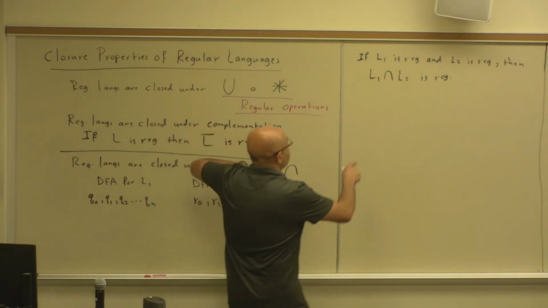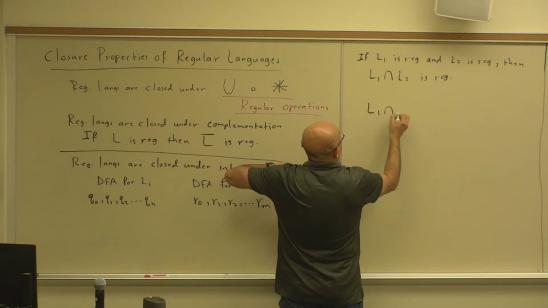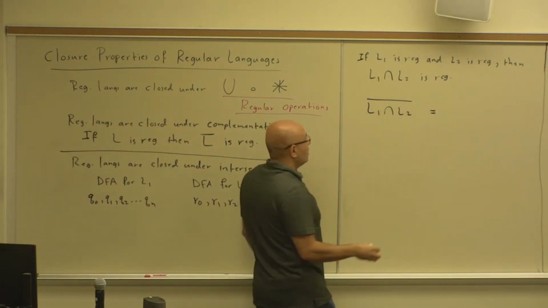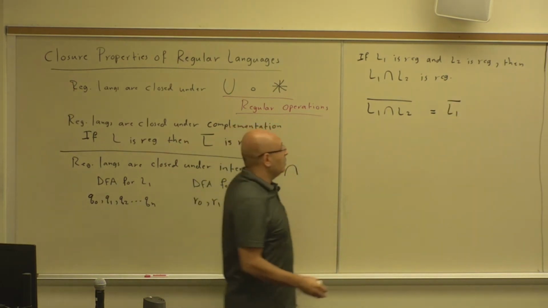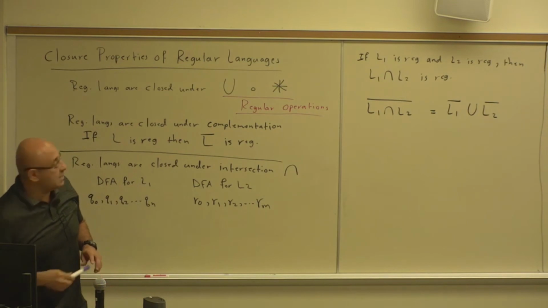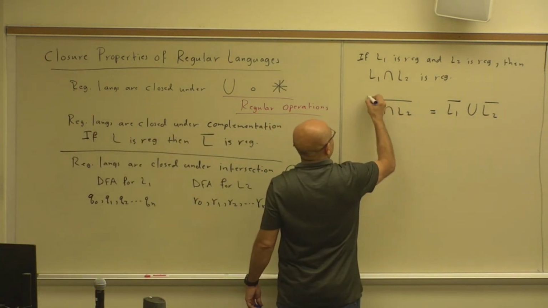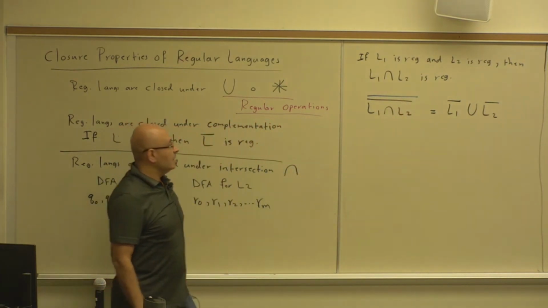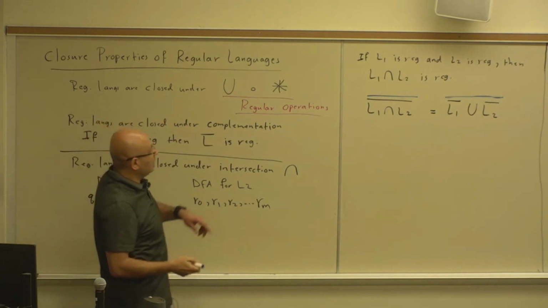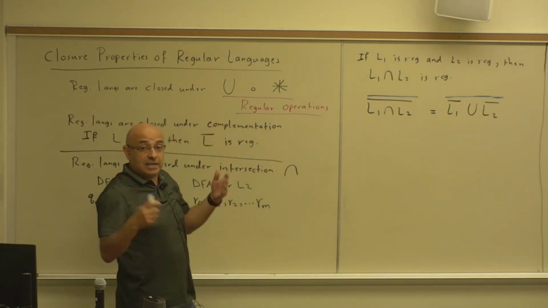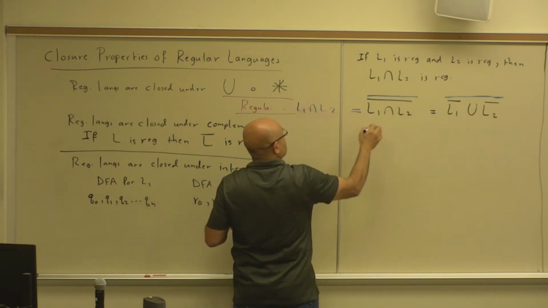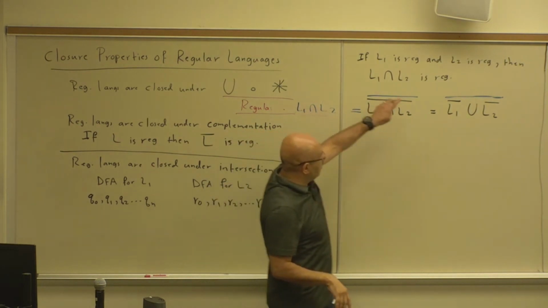De Morgan's law says that the complement of L1 intersection L2 is the complement of L1 union the complement of L2. If you take the complement of both sides, then L1 intersection L2 equals the complement of (the complement of L1 union the complement of L2).